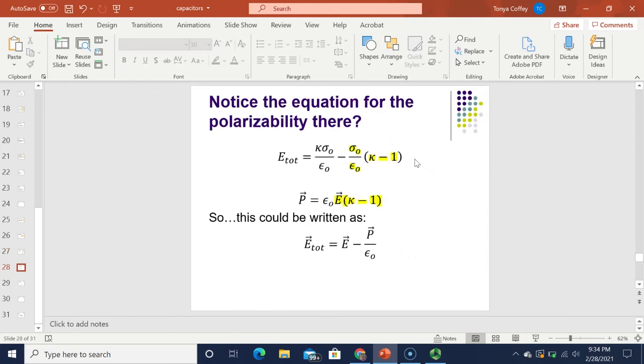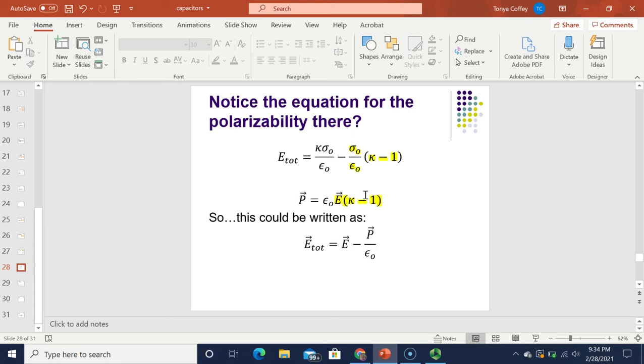Now, let's look at that equation one more time. This is the same equation I had on the previous slide. E total is equal to kappa sigma naught over epsilon naught minus sigma naught over epsilon naught times kappa minus 1. See, I've even highlighted that second term in yellow. That looks awfully like that polarizability equation I showed you earlier, doesn't it? Look here, the polarizability P is epsilon naught times the electric field times kappa minus 1.